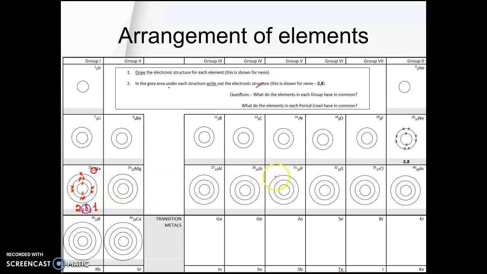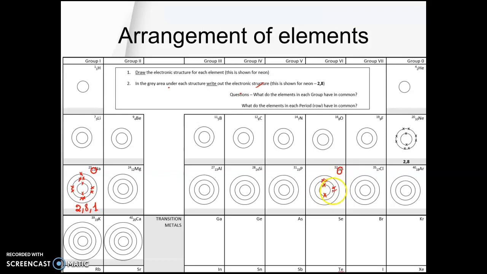Let's do one from this side, and let's do sulfur. Sulfur has 16 protons. And of course, since protons are equal to the number of electrons in neutral atoms, we have 16 electrons in a sulfur atom. Let's get them distributed in shells. We're going to do 2 in the first shell, 8 in the second.